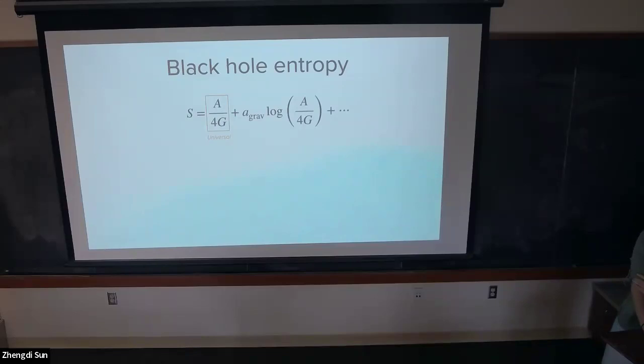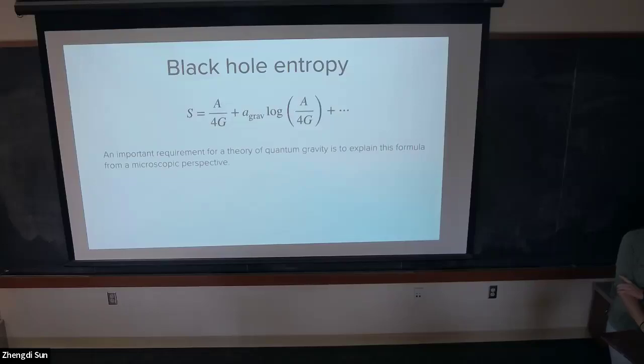Then the first possible correction grows with the log of the area, and it comes with a coefficient that's theory dependent. So it depends on the fields and the stuff that you include in your theory. Today I'm going to talk about this number for the whole talk. What we'll try to do is to explain that number from the microscopic theory.